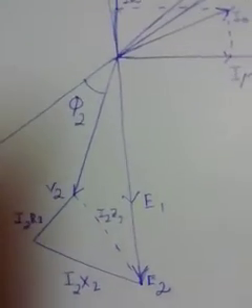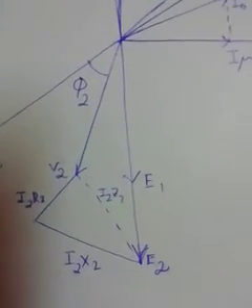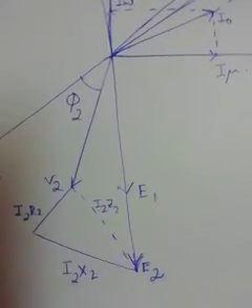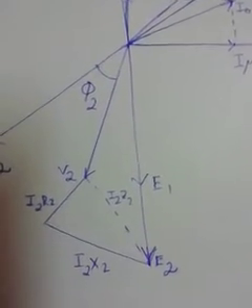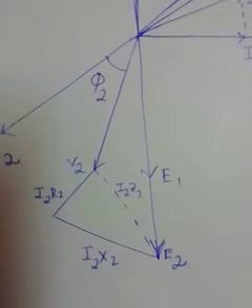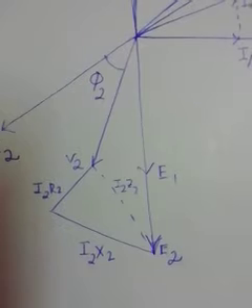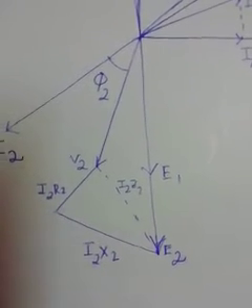So E2 here is the mutually induced EMF which is initially induced in the secondary side. Now as the load is connected, obviously the load current or secondary current I2 will flow. In the secondary side, obviously E2 is more than V2. Why?